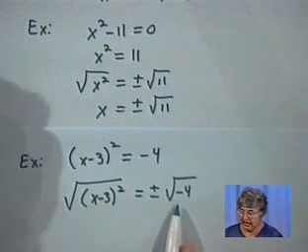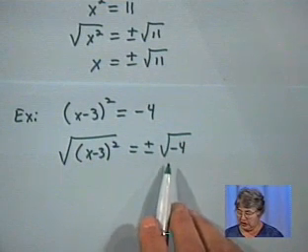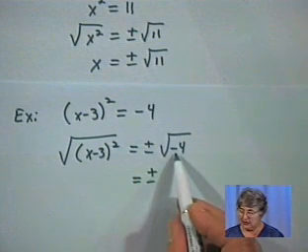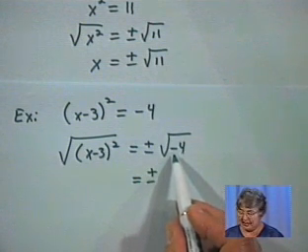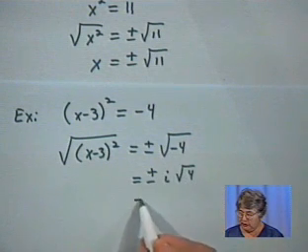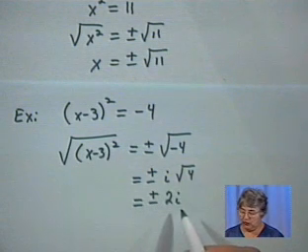And don't worry about the fact that you've got the negative. On the right-hand side, we are going to have plus or minus. That negative inside the radical is an i number, so we have i times the square root of 4, but the square root of 4 is just 2. So on the right-hand side, we're going to have plus or minus 2i.